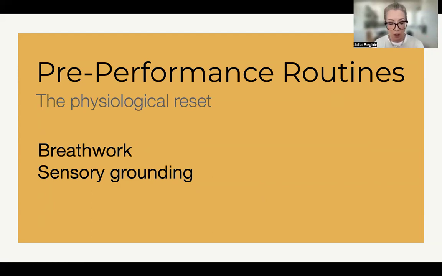So, a quick 3-minute exercise where you breathe in for 4 beats, you hold the breath for 4 beats, you breathe out for 6 beats, and you do that a few times, and then you think about 5 things you can see, 4 things you can hear, 3 things you can touch, 2 things you can feel, and 1 thing that you can taste.